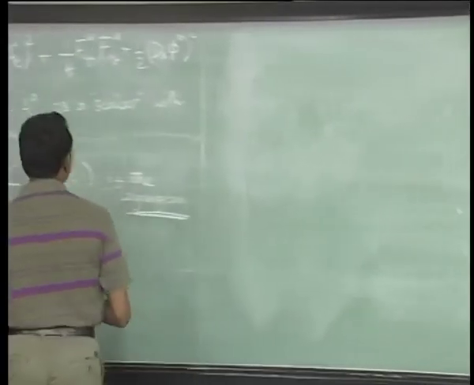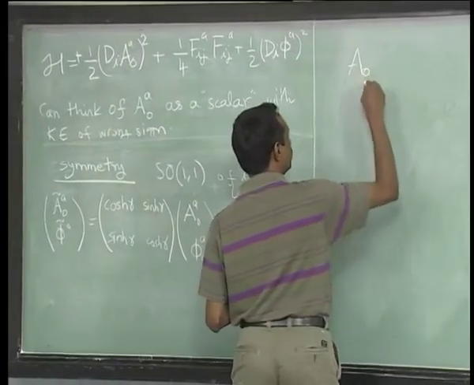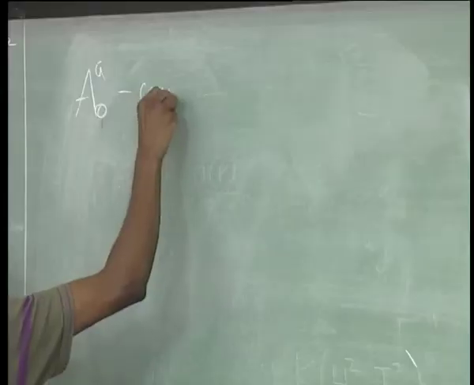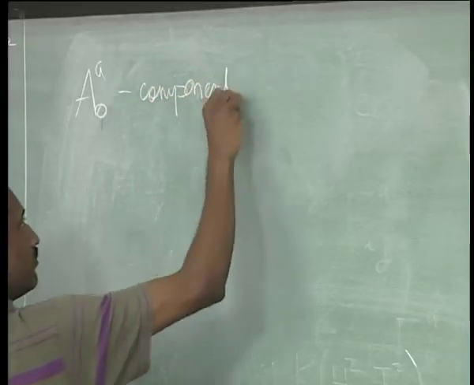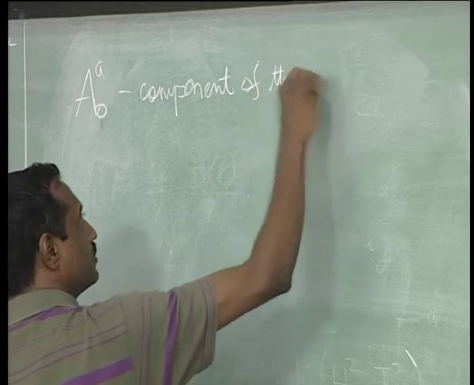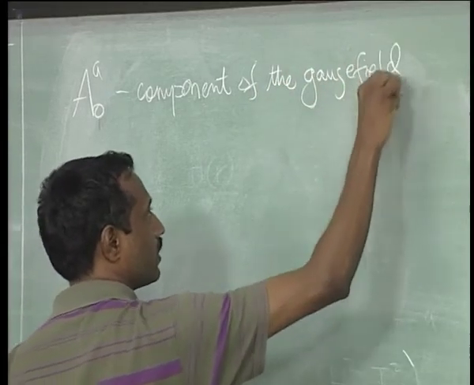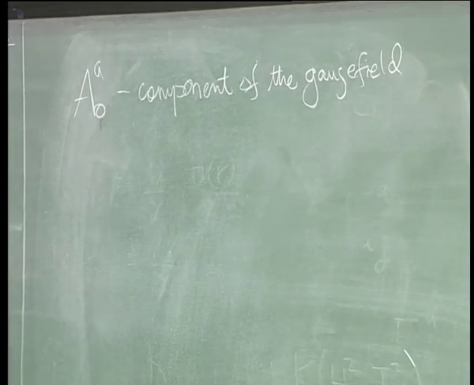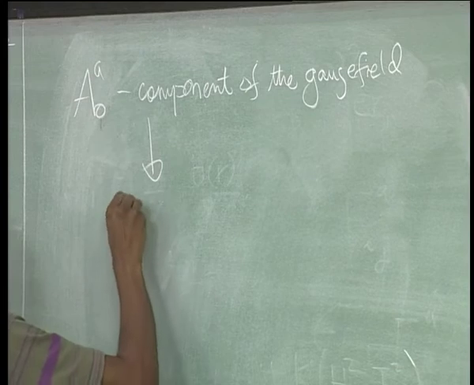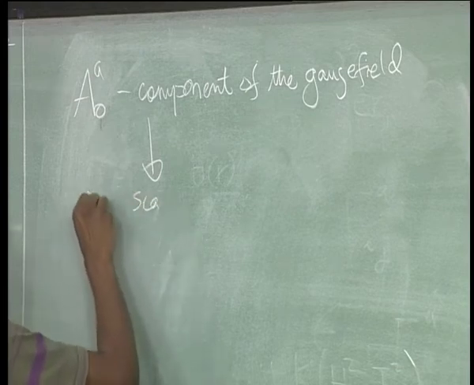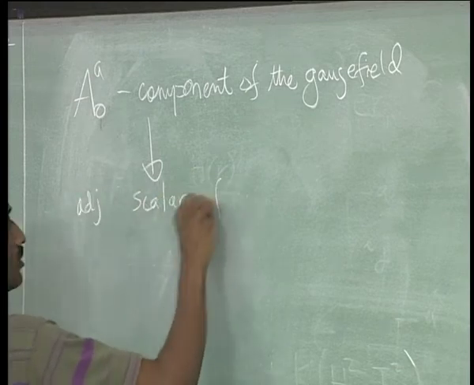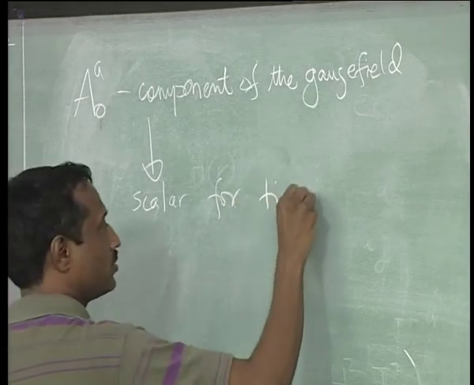We started out with A0, which was a component of the gauge field, and since we are looking at time independent configurations, this was behaving like an adjoint scalar.